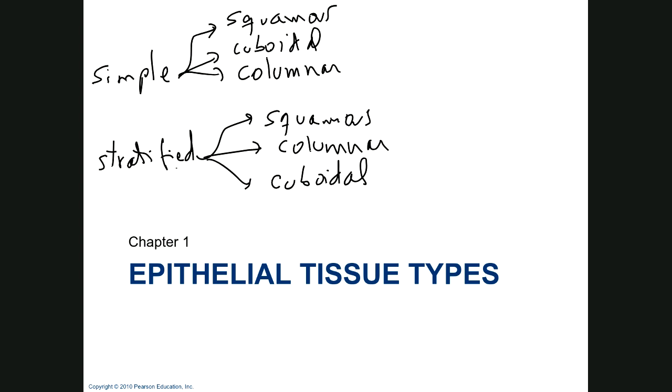Now, what we're going to do in this class, however, is we're not going to talk about stratified columnar epithelium because it is a rare form of epithelium, or stratified cuboidal because, again, it's not very common. So we're going to concentrate on these four. However, we are going to add two more to this list. To the simple columnar tissue, we're going to add pseudostratified, which is a type of simple columnar tissue.